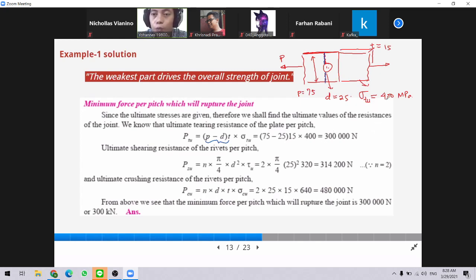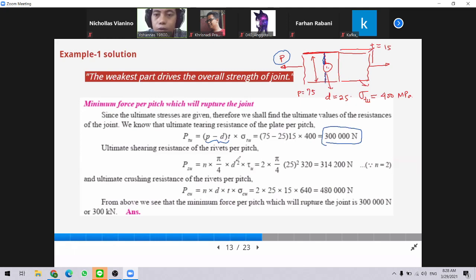If the working load is larger than this 300 kilonewton, then this kind of failure will occur. Okay, the plate will be broken if we apply a load larger than 300 kilonewton.